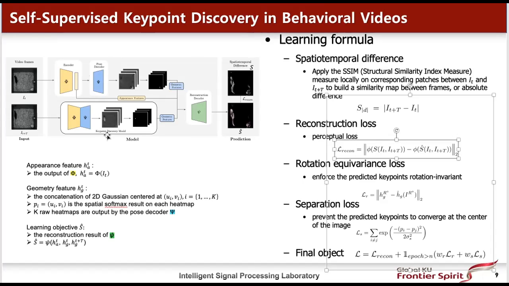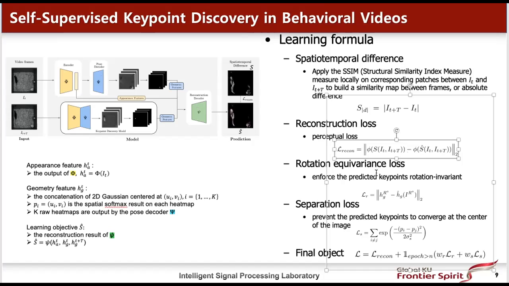How's phi constructed then? The appearance encoder is a ResNet network, and the pose decoder originally comes from a pose estimation network.